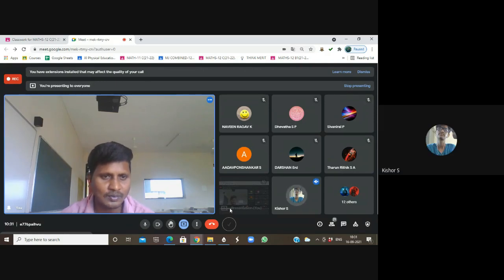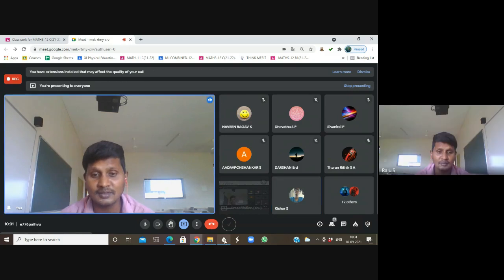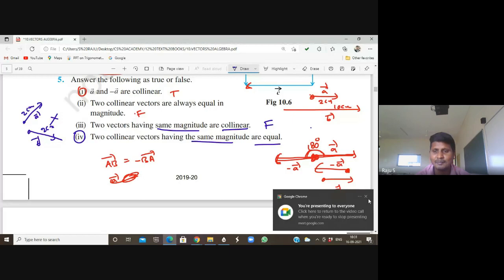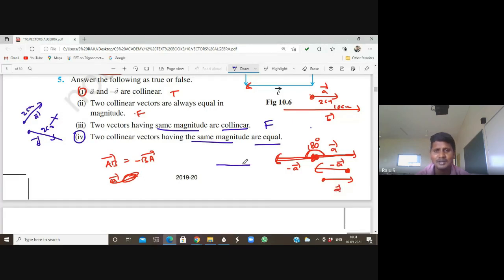They can be in opposite directions. Yes, that is important. See here, two collinear vectors having the same magnitude. I'm taking in this direction, and in this direction, so the magnitude is 10 centimeters, 10 centimeters. But are they equal? Equal means it should be the same direction. But they have mentioned just same magnitude, so this is false. Only the first one is true.